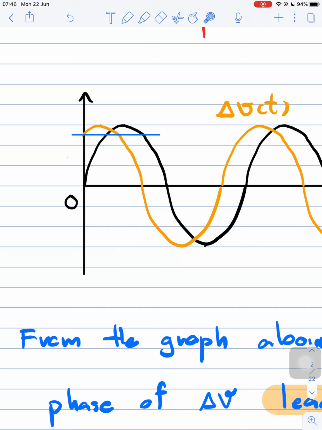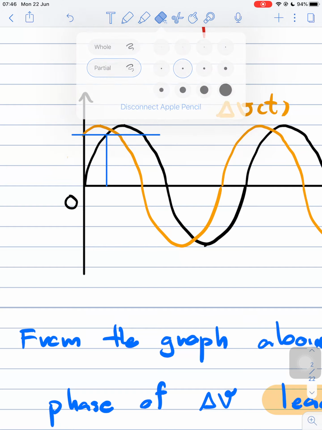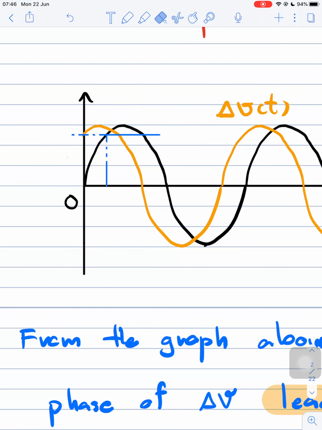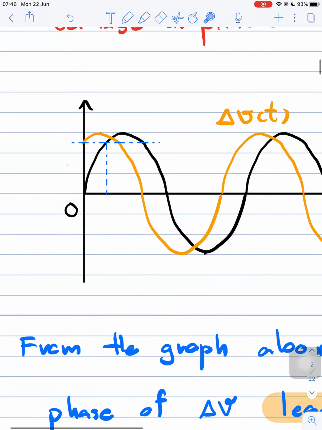But when you consider the current graph, it's still 0. Then when the time goes by, you can see that the current graph reaches this value which the delta V had already initially.